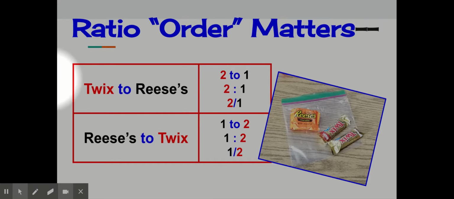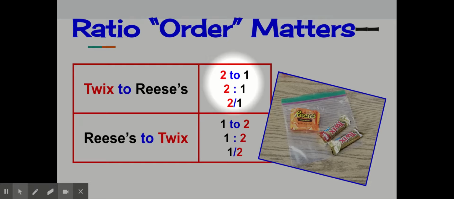Remember when I said order matters? Since Twix comes first, the number of the Twix has to come first. So there are 2 Twixes and there's 1 Reese's. Since Reese's, the word, comes second, the number that goes with Reese's has to come second. Look over here. 2 to 1. 2 Twix to 1 Reese's.